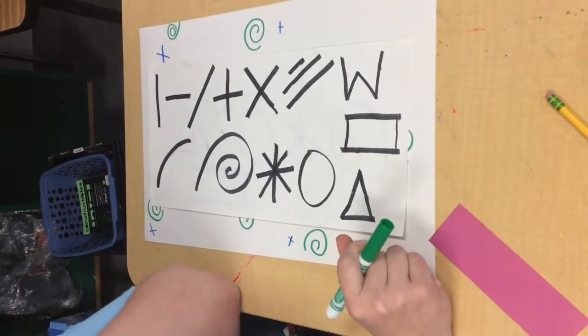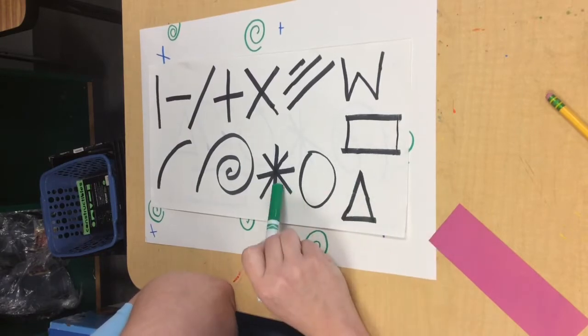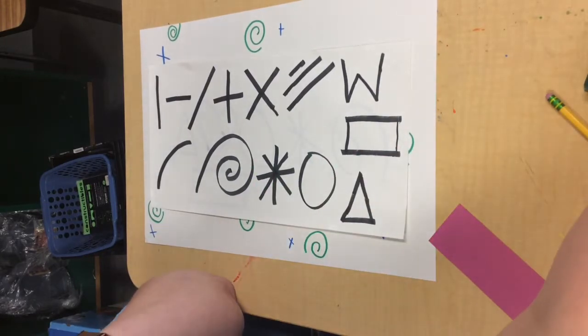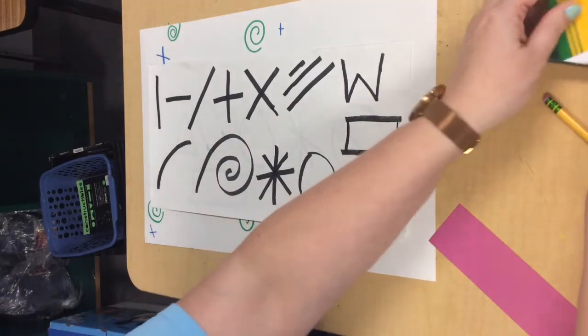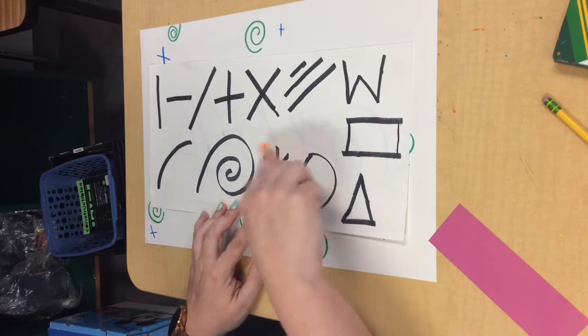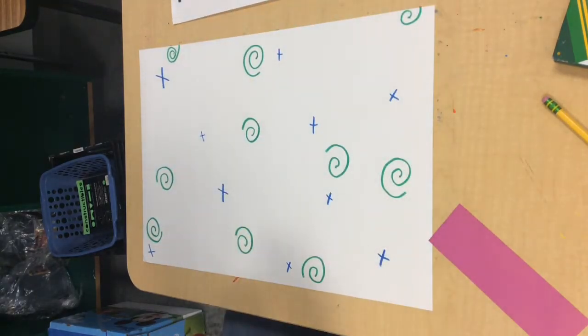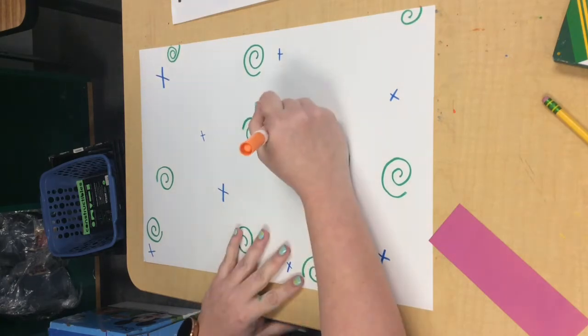What should we pick? Let's make some stars. Stars are cool. And let's see, how do we make a star? We do a horizontal line, a vertical line, and then an X. I'm going to start it right here.